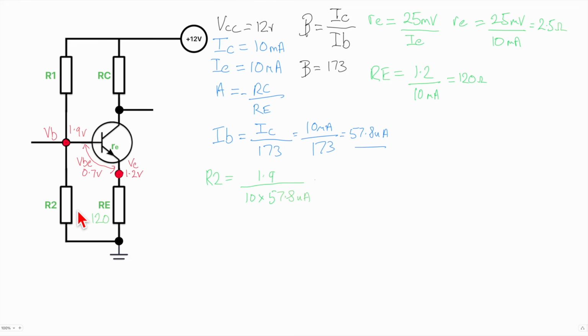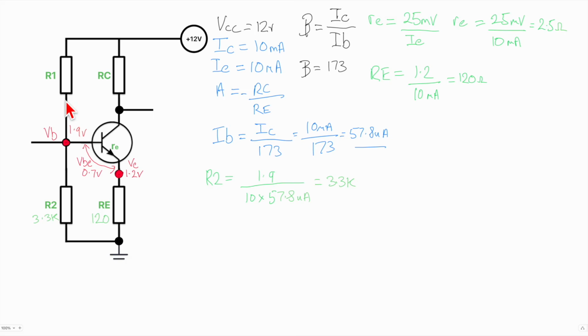If you do the maths, that will give you about 3.3 kiloohms. And that's why I've got a 3.3k resistor in my circuit.